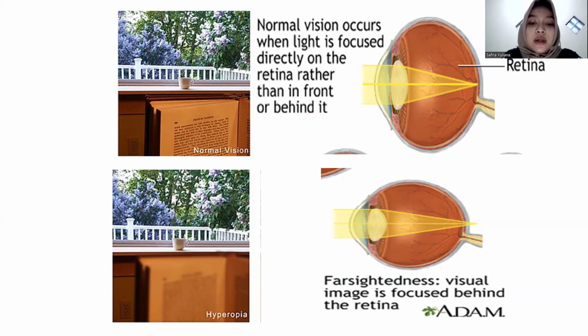Your eyes being too short from front to back causes farsightedness. Another cause is your cornea or lens being too flat, not curved enough. These defects cause light rays to focus just behind the retina. People with farsightedness are usually born with it.